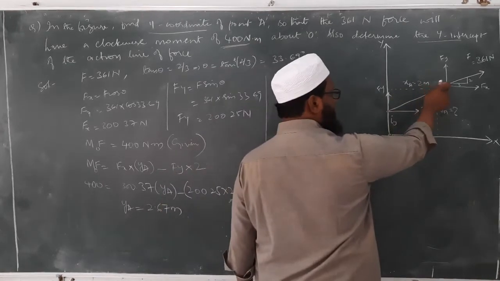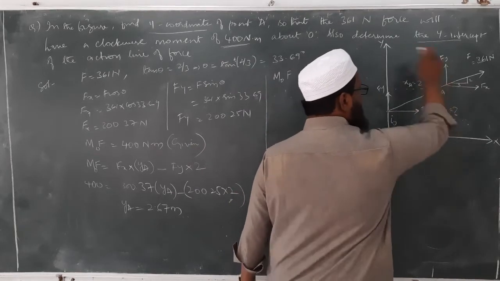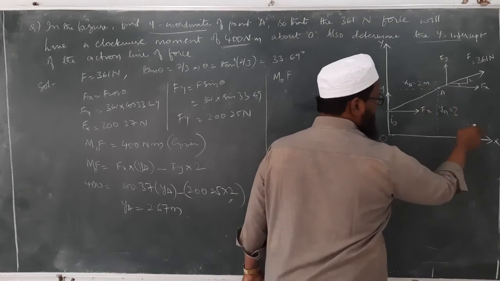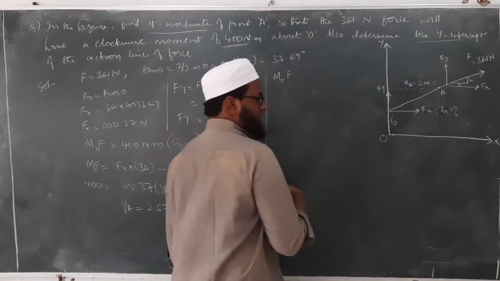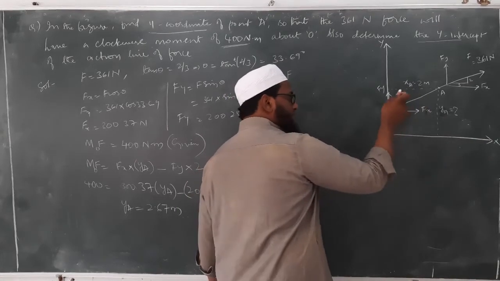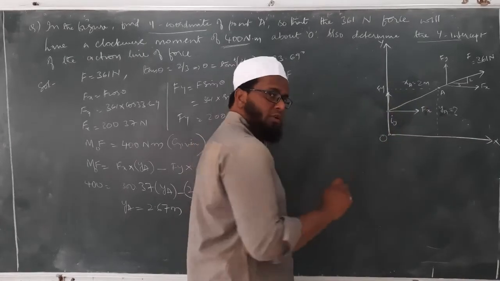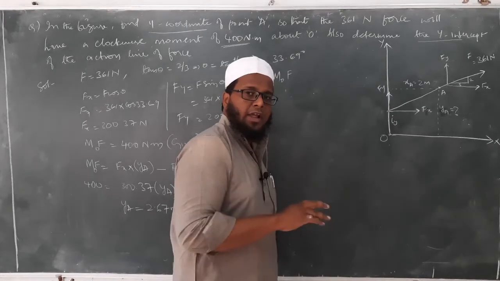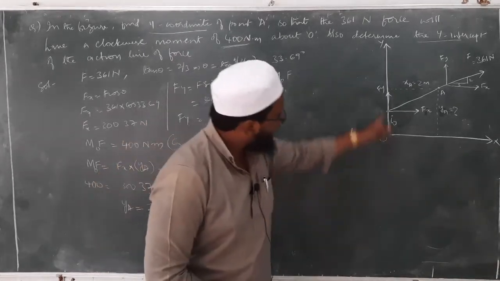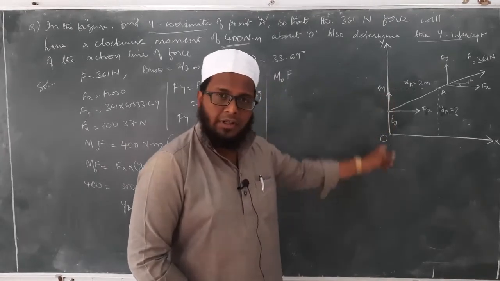Previously the force was starting from here, that is why we took Fy into 2 and Fx into Ya. But here, we are assuming that the force is starting from the y-axis. So when the force is starting from the y-axis, what will happen to Fy? Fy will become 0 because it is passing through point O. There is no perpendicular distance.